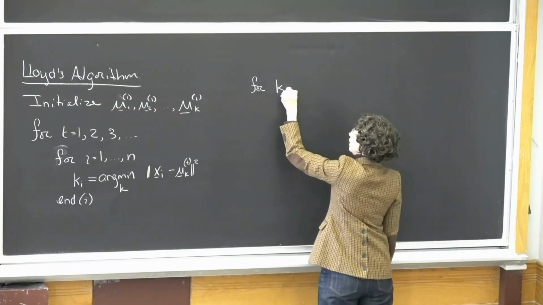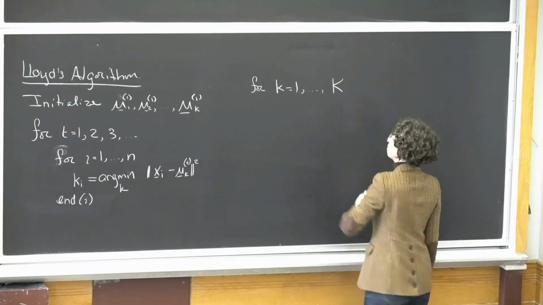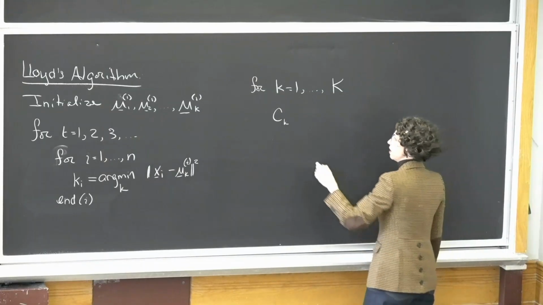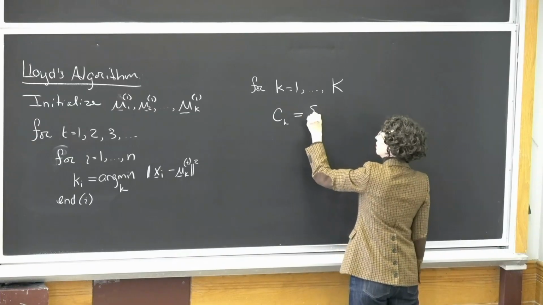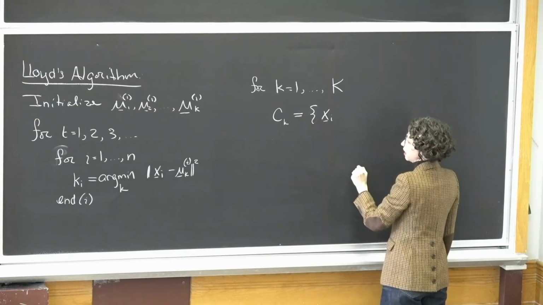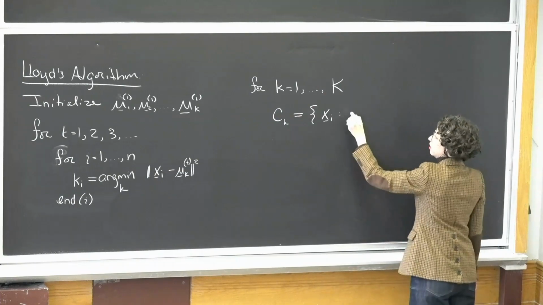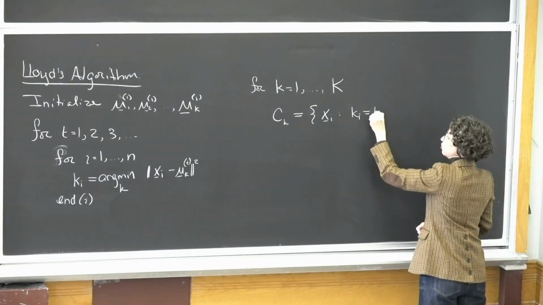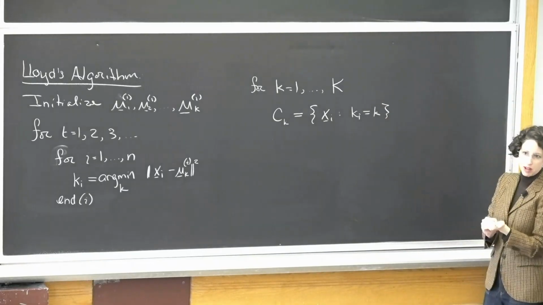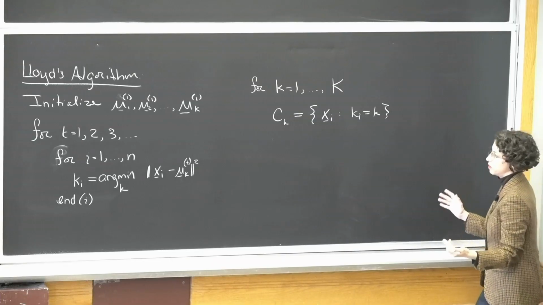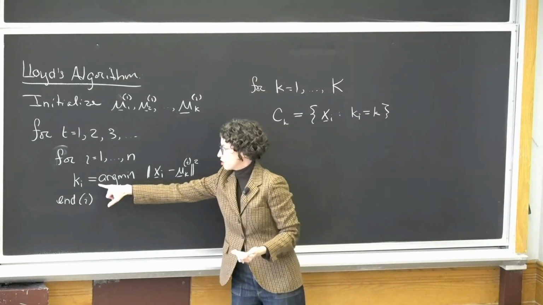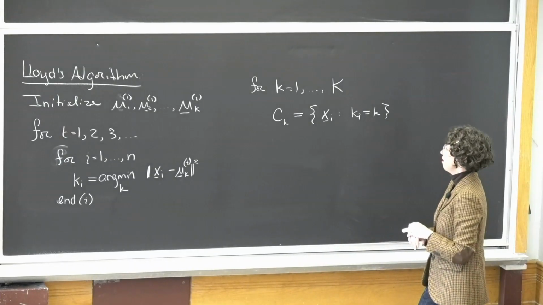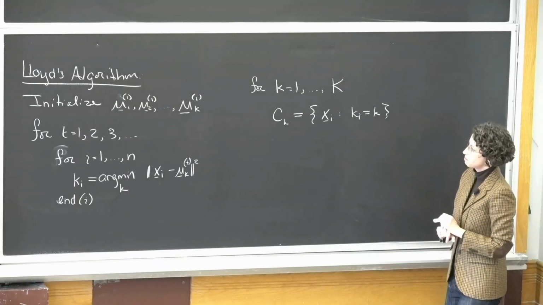For k equals 1 through capital K, we are going to call our estimate of the kth cluster as being the set of all of the x_i's such that the corresponding k_i, the corresponding cluster, is equal to k. This might seem complicated, but the idea is exactly what you might expect. We've assigned each point to a cluster here, and now we're saying the cluster is all the points that were assigned to that cluster, or whose closest mean is k.